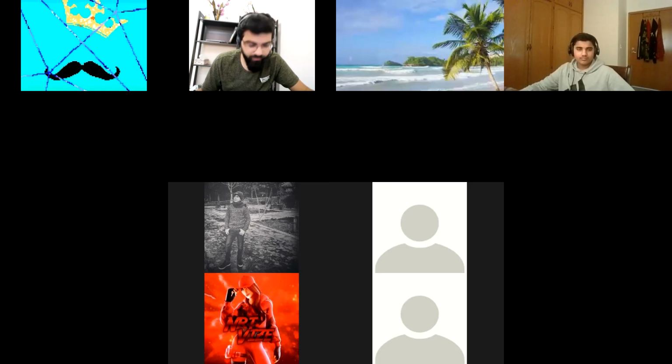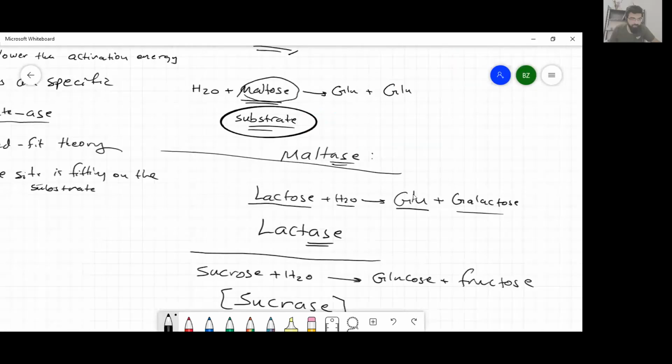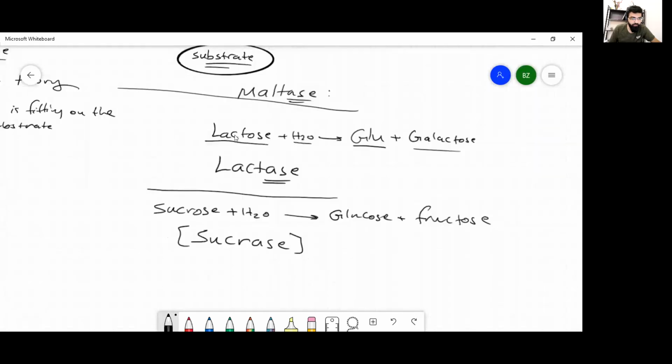Sir, can you give me an example of enzymes? Many examples. Baroudi, sorry. Enzymes like, here I gave you examples, like the lactase enzyme, which is used to react the lactose with water to break it down into glucose and galactose. This is lactase.